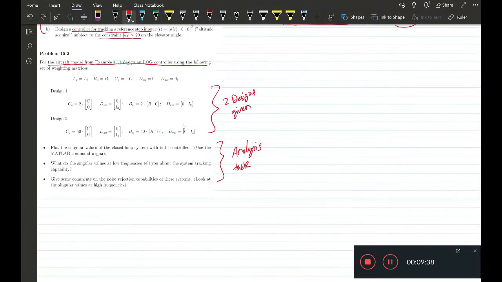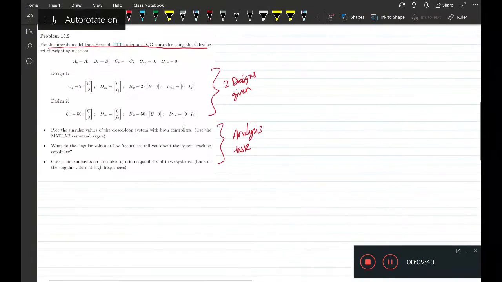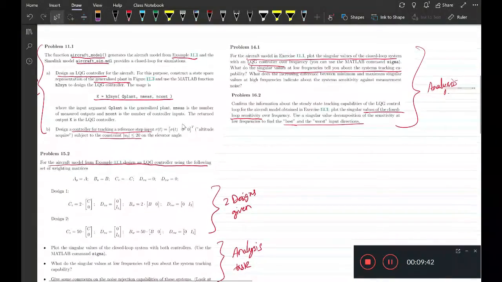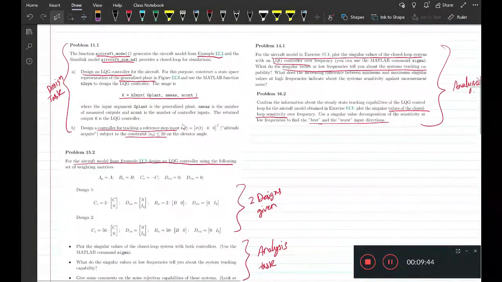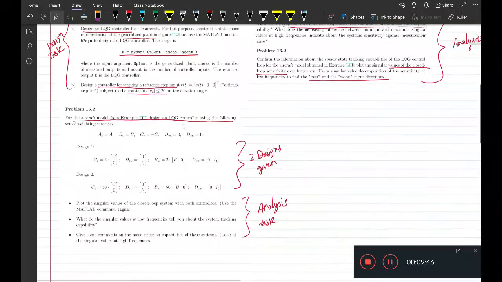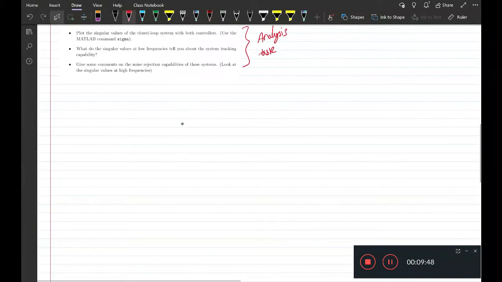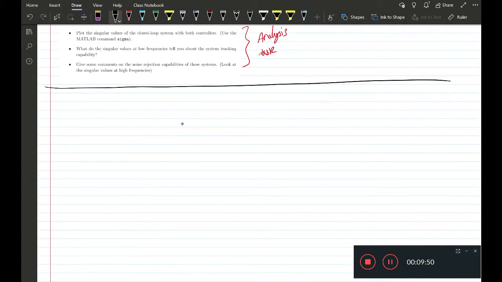Now for the design task in 11.1a, we are asked to design an LQG controller by using an h2syn command. So let's quickly recap how the LQG control problem can be recast as a problem of minimizing the h2 norm of the closed loop.